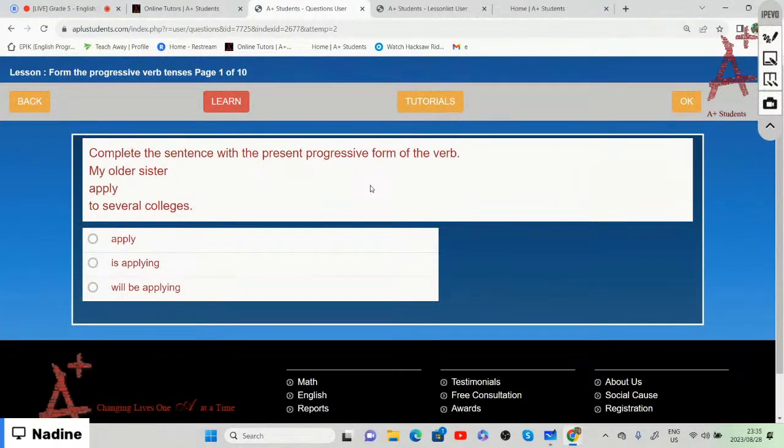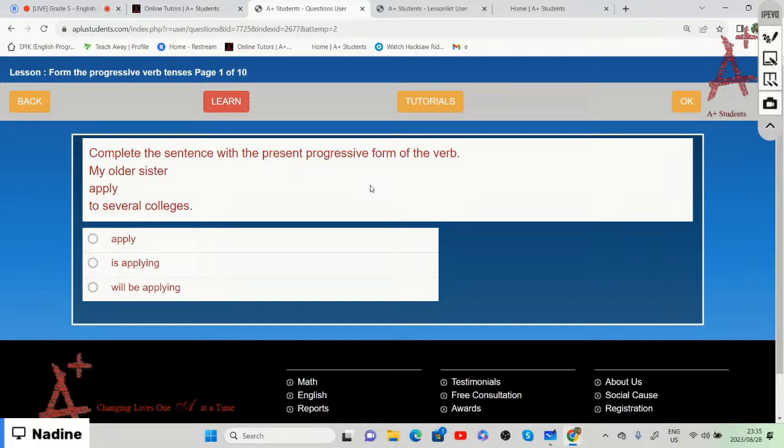All right, so now it says that we need to complete the sentence with the present progressive form of the verb. My older sister apply. So the verb is apply. We need to add the helping verb, and we're also changing the verb. So my older sister applied to several colleges.